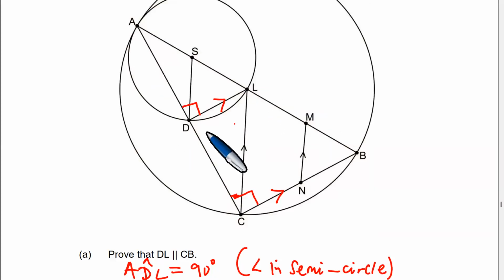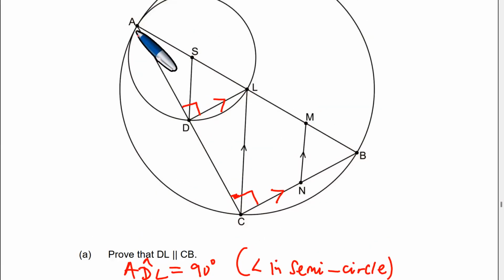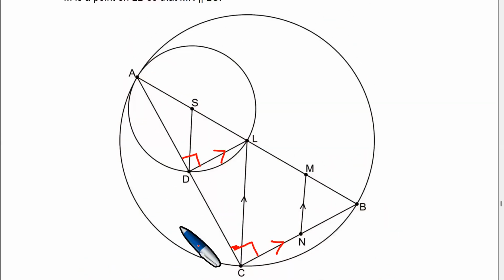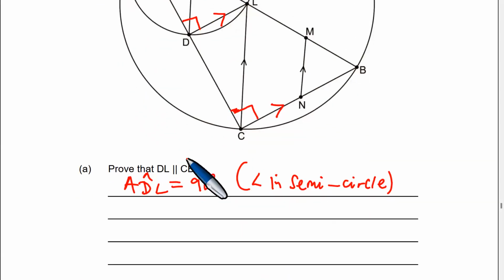It is an angle in a semicircle. Also we can see that ACB is equal to 90 degrees because it is also an angle in a semicircle, an angle subtended by a diameter.